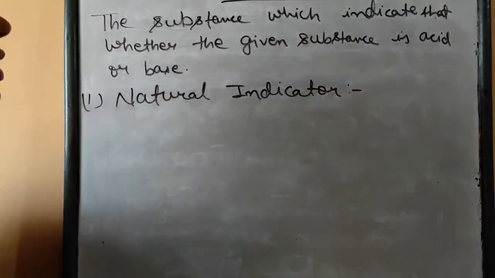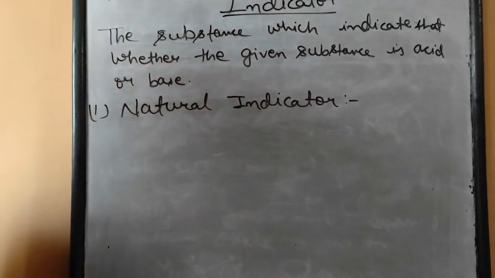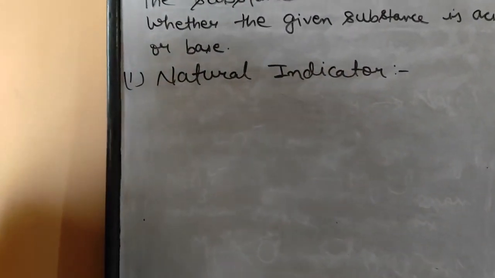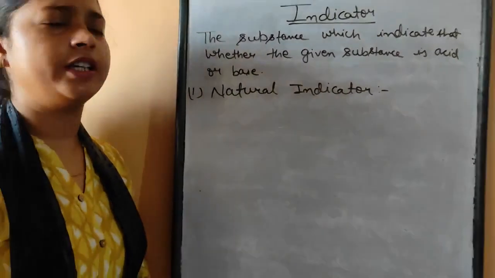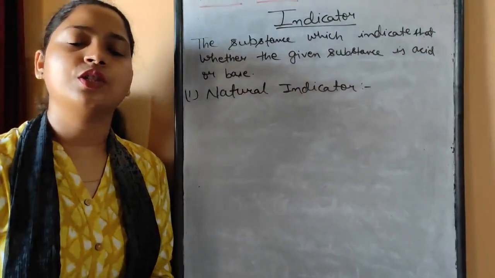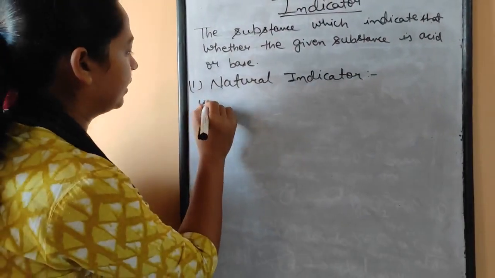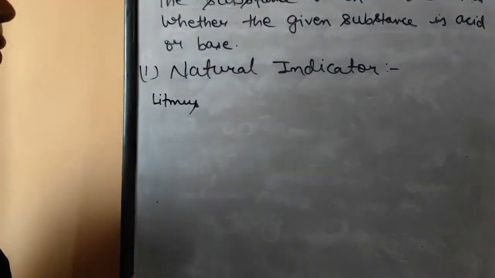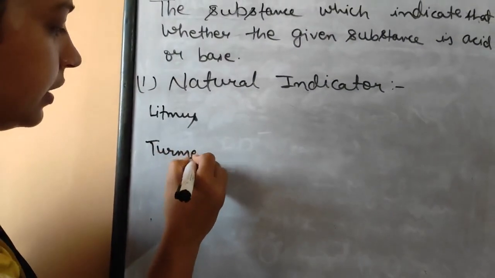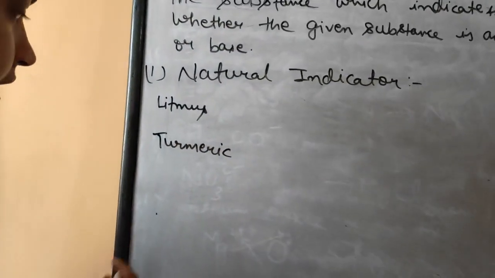Natural indicator means the indicator which occurs naturally, and these are the most commonly used indicators in a lab or in our practical work. There are various kinds of natural indicators. The very first or very common is litmus, all of you know. Then turmeric powder is also a very common example of natural indicator.